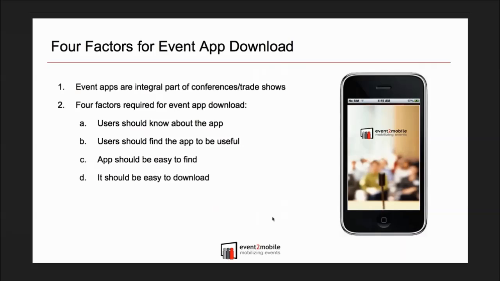So we're going to touch on the points that differed between the events which had higher downloads and those which had lower downloads, and why, and what we did and what the organizers did to increase the number of downloads that happened.